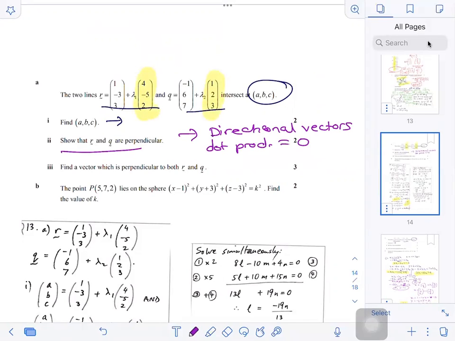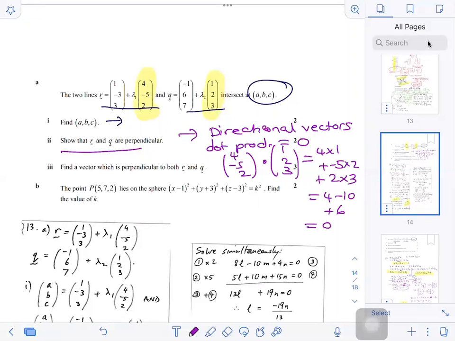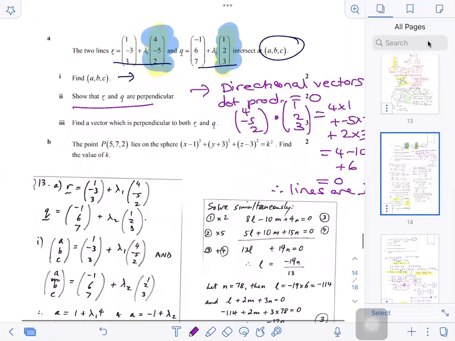You take the 4, minus 5 and 2, and dot product it with the 1, 2, and 3, and you get 4 times 1 plus minus 5 times 2 plus 2 times 3, which is 4 minus 10 plus 6, which equals 0. So therefore the two lines are perpendicular. If you're looking at whether they're parallel, you only look at the directional vectors and you show that they are scalar multiples of each other.